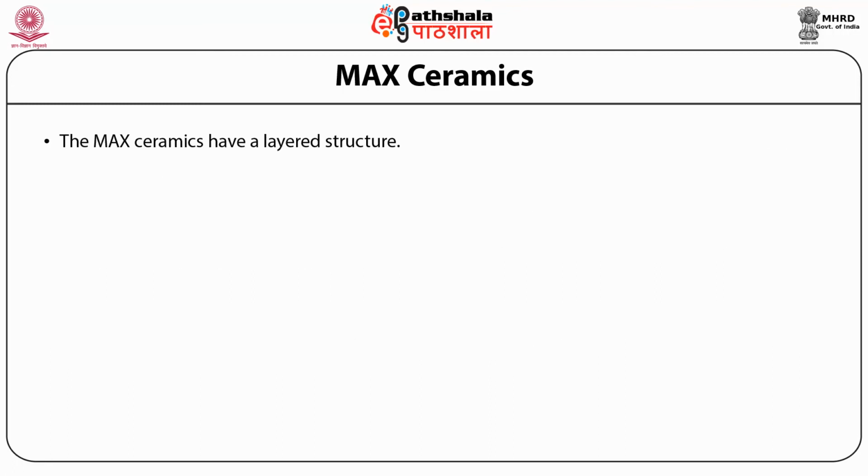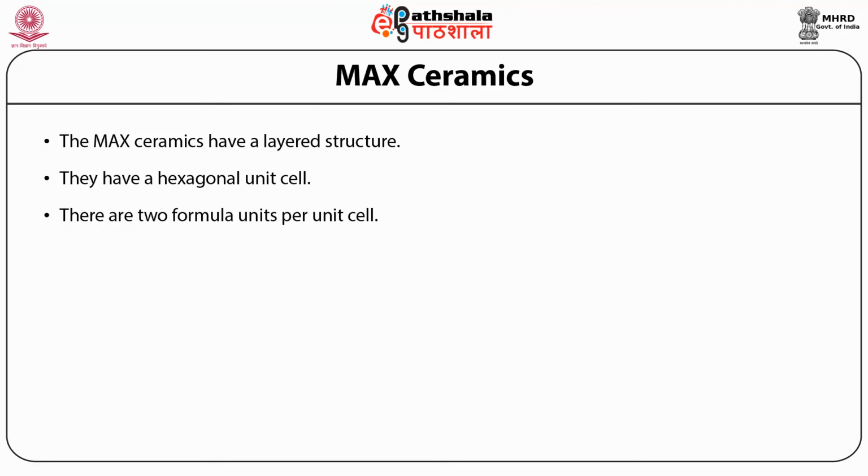The MAX ceramics have a layered structure. They have a hexagonal unit cell and there are 2 formula units per unit cell. The unit cell consists of M6X octahedra with layers of A element between them. In the 211 phase, 2 M layers are separated from each other by an A layer.